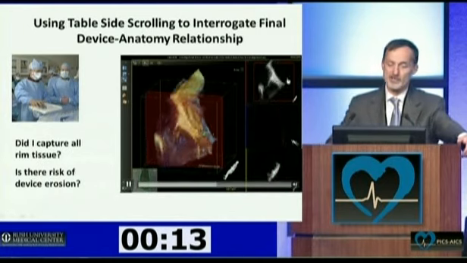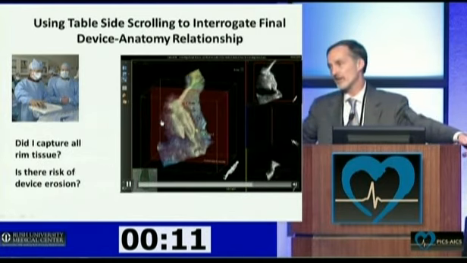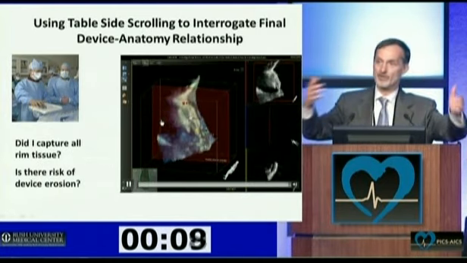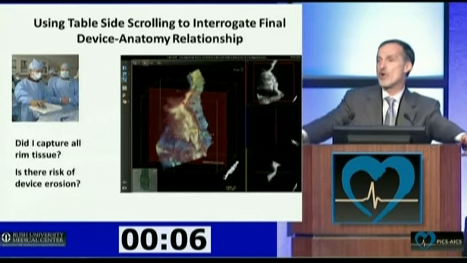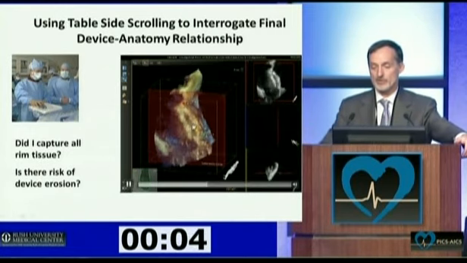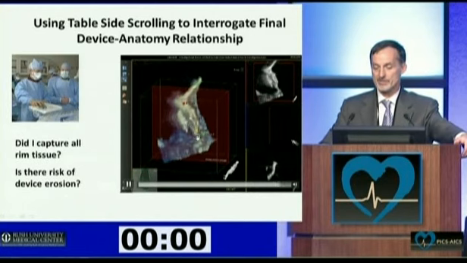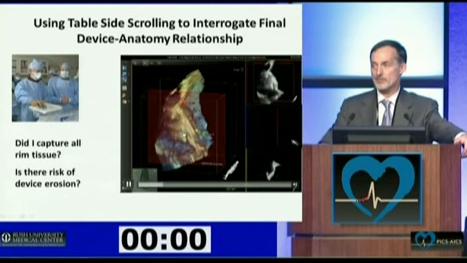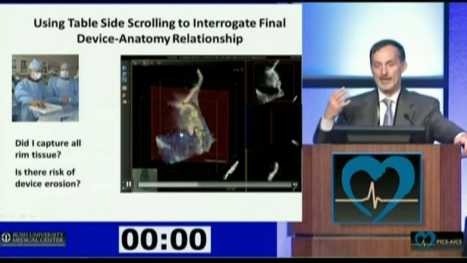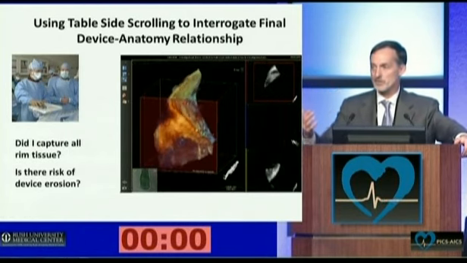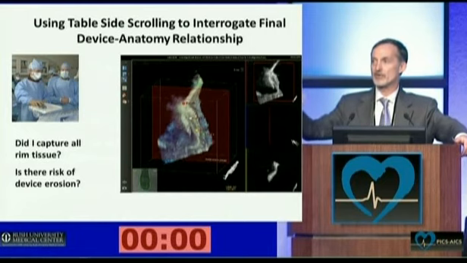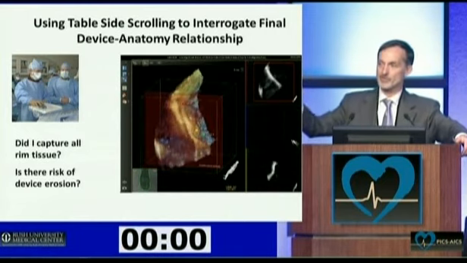Like here we put an ASD device in, and you used to ask the echocardiographer, okay, take a look and figure out whether we've captured all the tissue. Well, you're able to do that at tableside by scrolling right through the ASD device, and you can see all the tissue capture. And so really, under your control, within a minute, you answer that final question, you release the device, you're done.